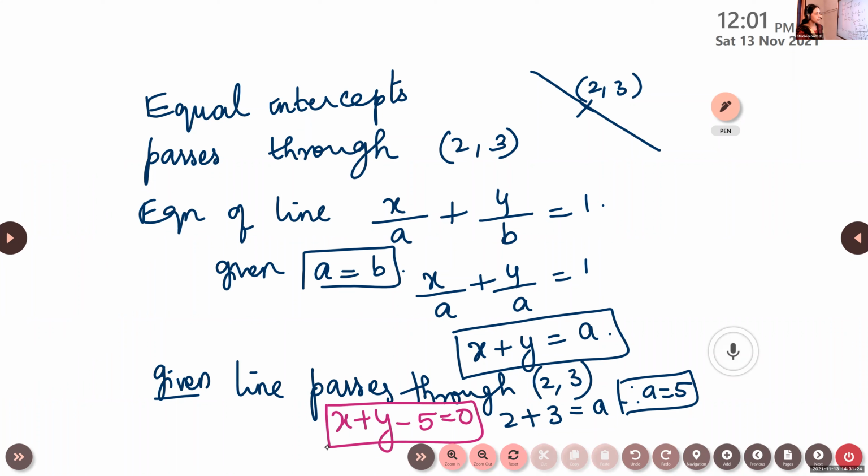Are you getting it like this? Sanjana, is Sanjana there? Yes, ma'am. Are you getting this answer, the equation of the line? Yes, ma'am.